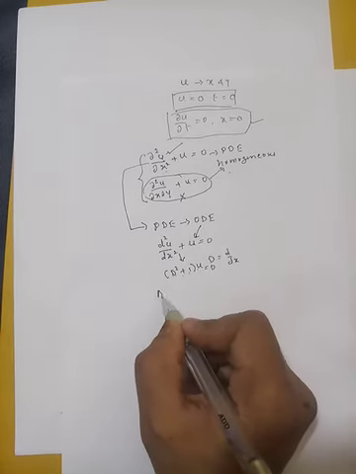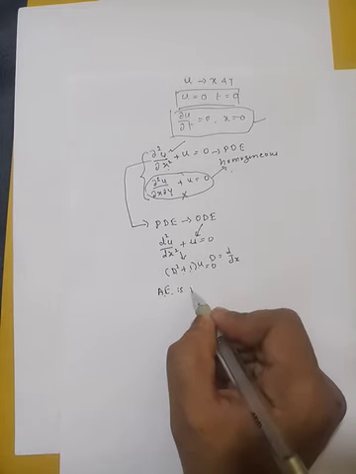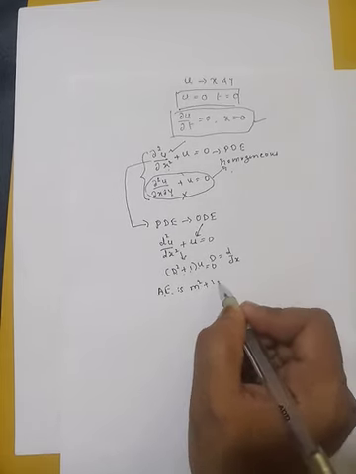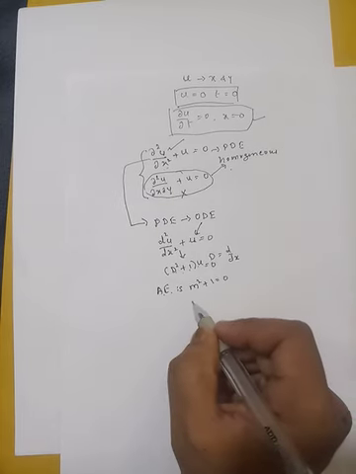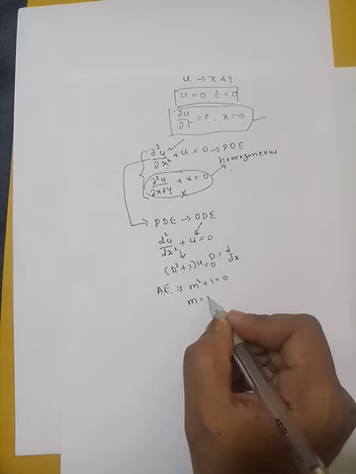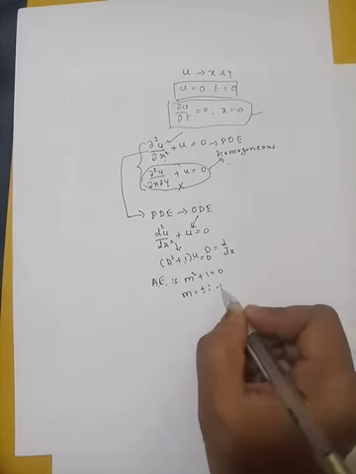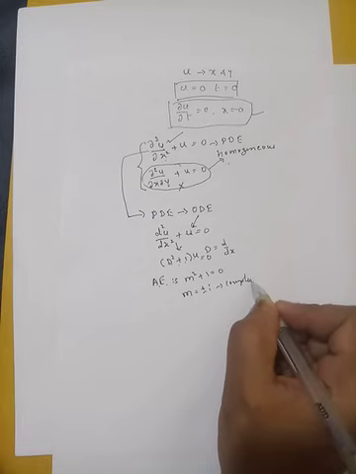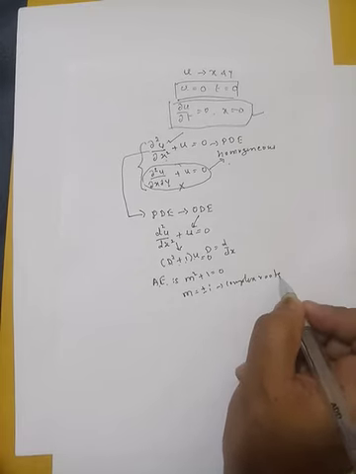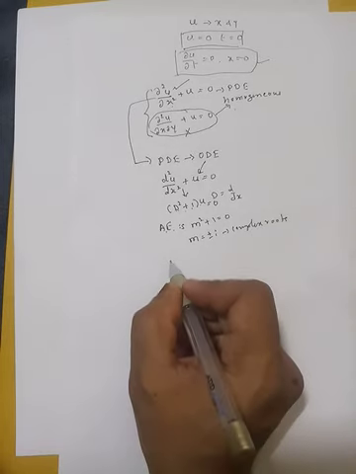Then we write the auxiliary equation, that is m square plus 1 equal to 0. From this we find the roots of the equation, that is m equal to plus or minus i. So these are complex roots.